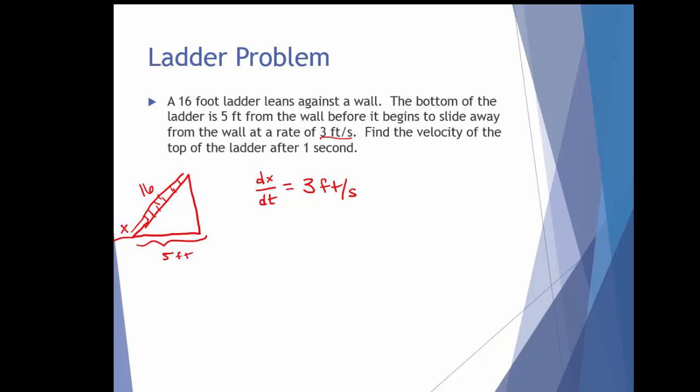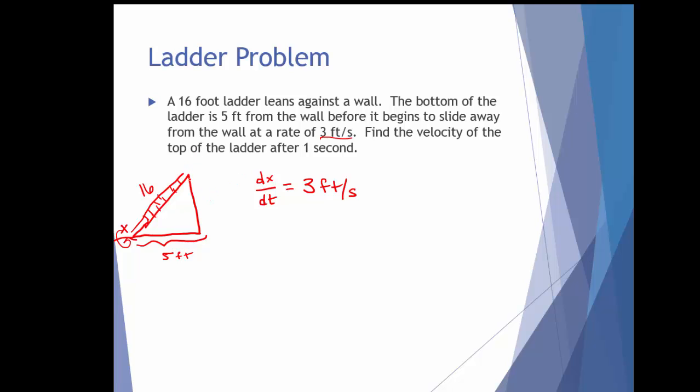So the length x is actually here. It's how far you are beyond that 5 feet. So then the problem is asking us to find the velocity of the top of the ladder after 1 second. So velocity, that is a derivative. It is a rate. And we're looking for the velocity of the top of the ladder.